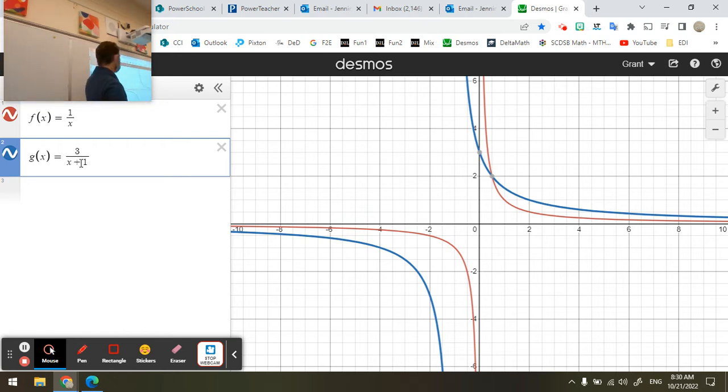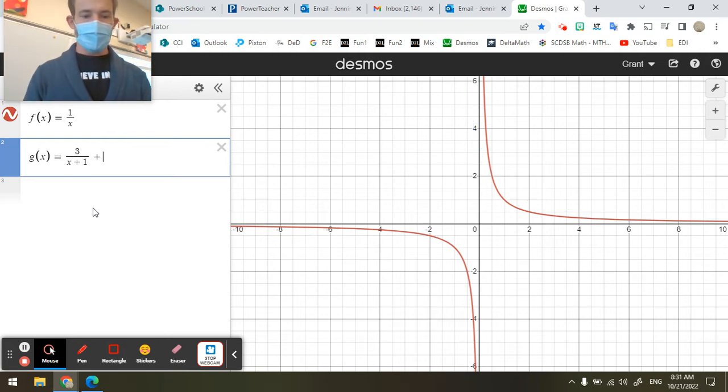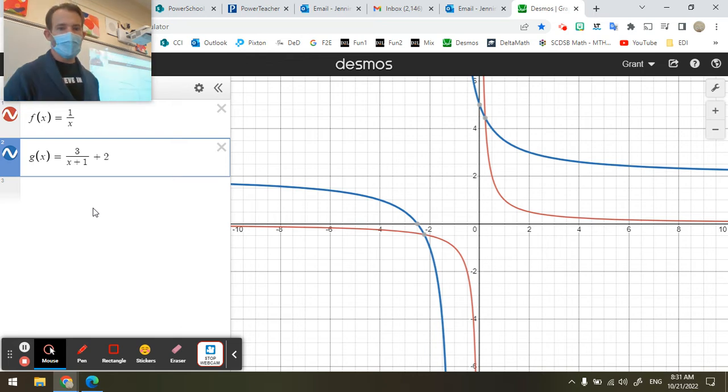Notice that x is equal to -1 would create a 0 on the denominator, and we can't have that. So that's a limitation on the domain of this function. It effectively shifted it from x equals 0 to x equals -1 now being disallowed from the domain. And then the last thing that we did to this function was we lifted it up by 2. And as I said, we were going to get a y-intercept and an x-intercept. There's our x-intercept. There's our y-intercept. And now this function y can never be equal to 2.